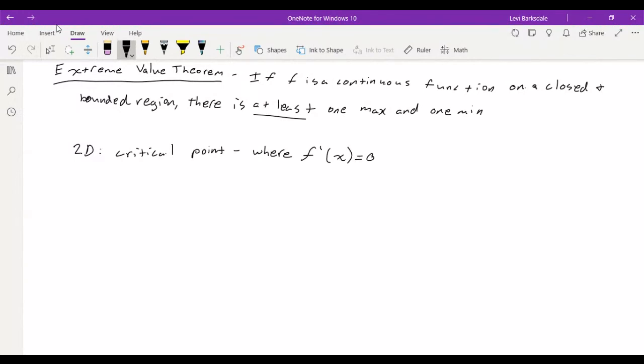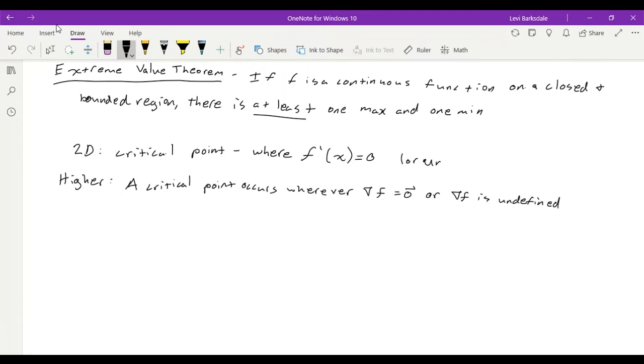Well, in higher dimensions, it can be 3 dimensions, it can be more, we say that a critical point occurs wherever the gradient of f is equal to 0 or the gradient is undefined. And that is one part of the definition in 2 dimensions that I forgot. Your first derivative can be undefined as well as equal to 0. So pretty much the same definition, except in this case we're looking at the gradient rather than just the simple derivative.